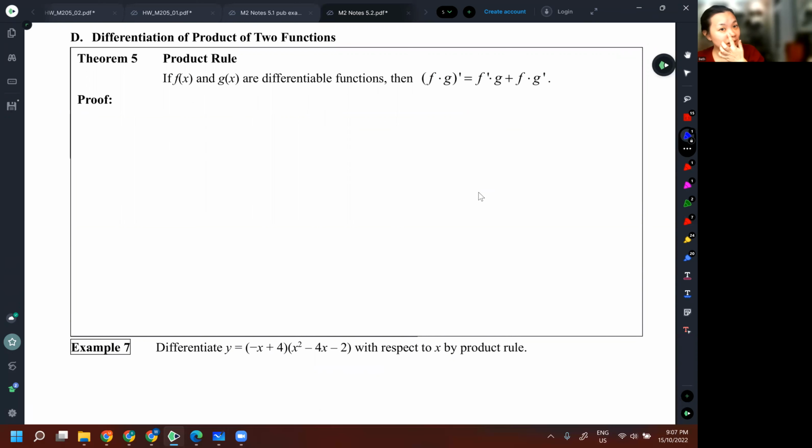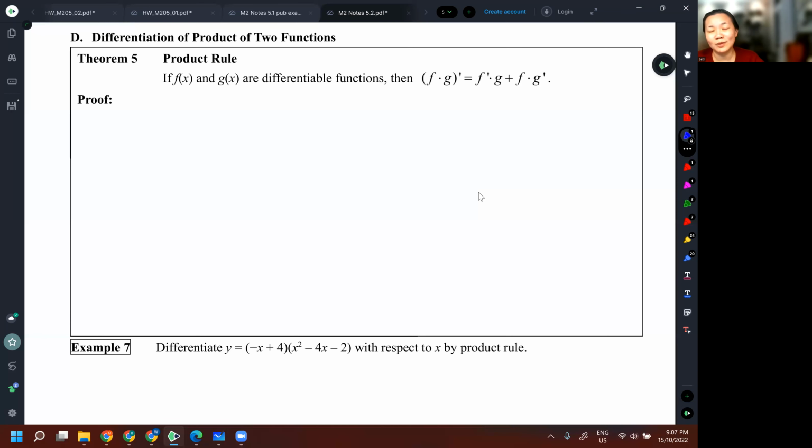Now, the product rule. This one deals with when you have 2 functions and you multiply. Okay. Now, what is the rule? Now, f is a function. I didn't write f of x, but it's implied. I just didn't write it.